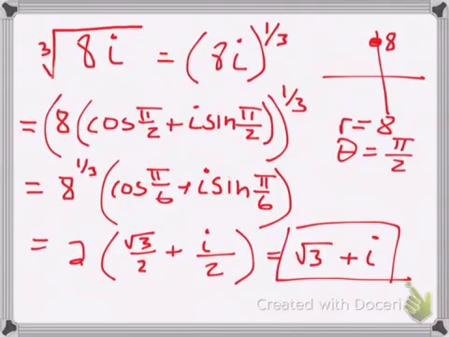It's one of the cube roots, but it's not the principal one. The principal cube root is the square root of 3 plus i. You were correct to find one of them. There's 3 cube roots, and you can use De Moivre's theorem to find them all, but we're not going to go past just the principal cube root of 8i. Do y'all think you can handle that?